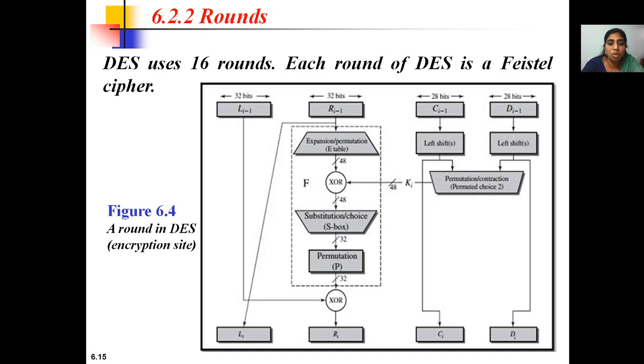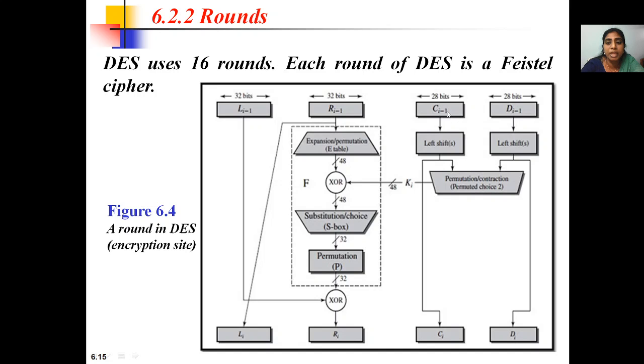In the round function we have the expansion permutation. Here also we transpose the values, so all the 32 bits are converted to 48 bits. Then we XOR with the key values, like we have seen in the previous slides.